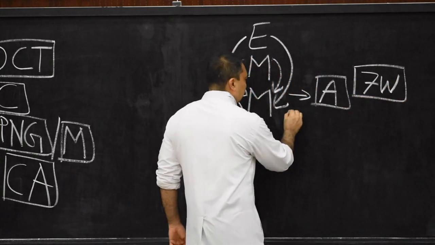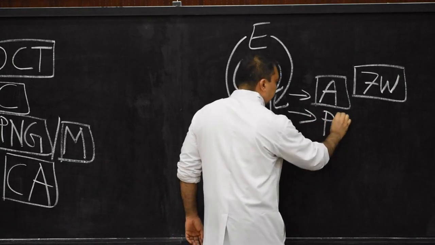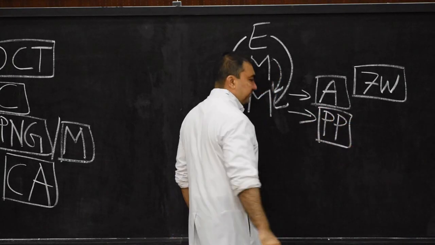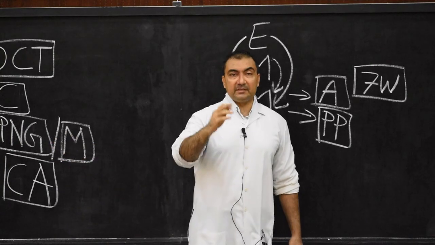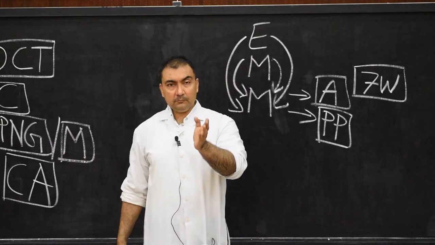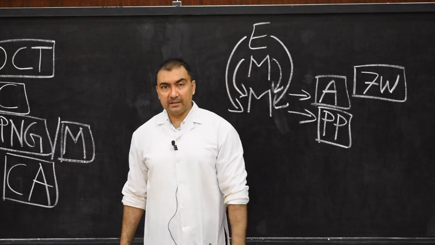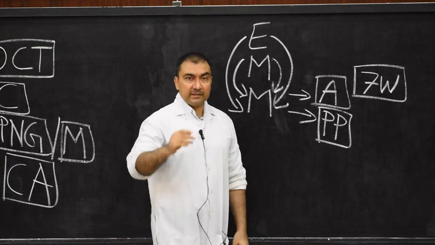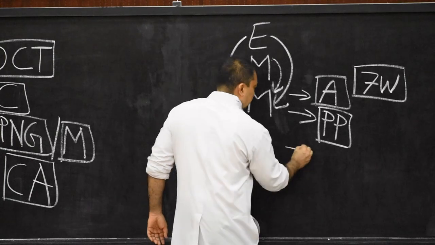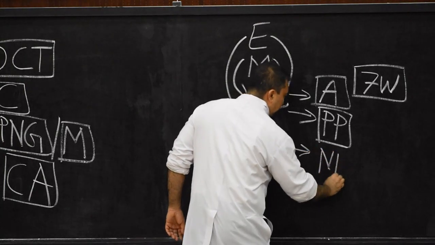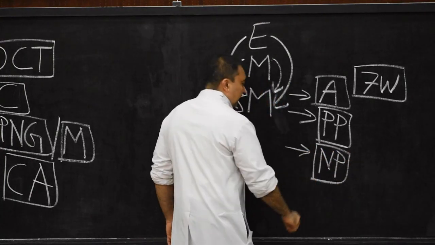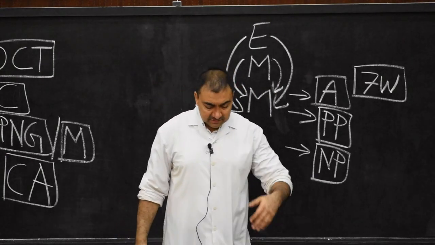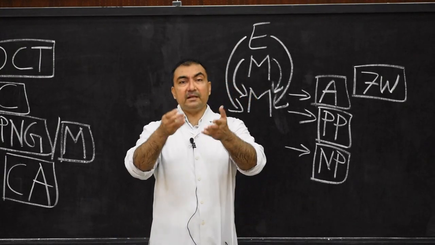Second, there will be development of paleopallium, which, as we have written in these points, is also known as the piriform area, where the olfactory tract is connected to the cerebral hemisphere. And the third structure to develop will be neopallium. In the neopallium, there will be differentiation and development of various sulci and gyri.